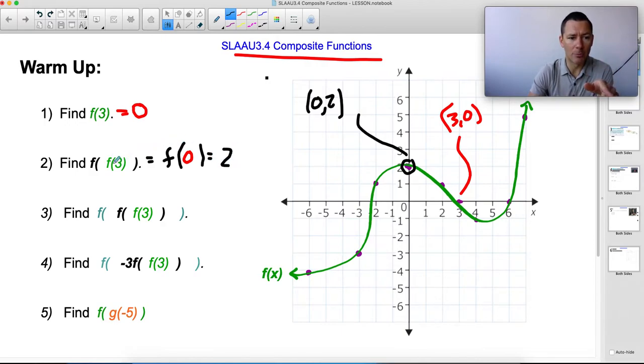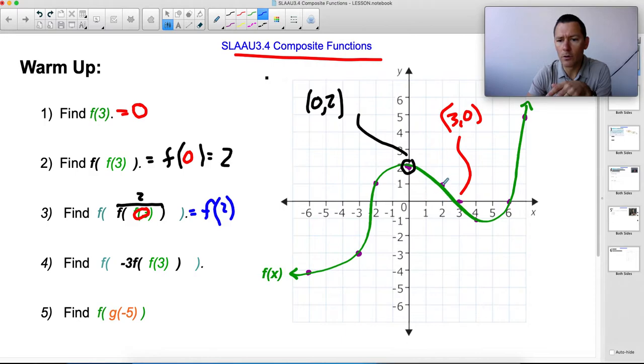So into the function I put f of 3, which is 0, and f of 0 is 2. So this is really finding f of 2, and f of 2 is 1.